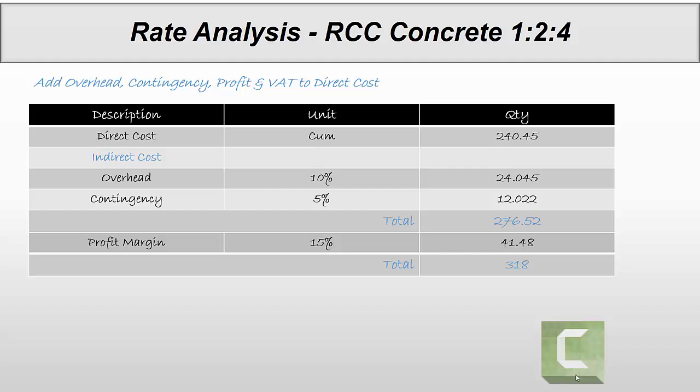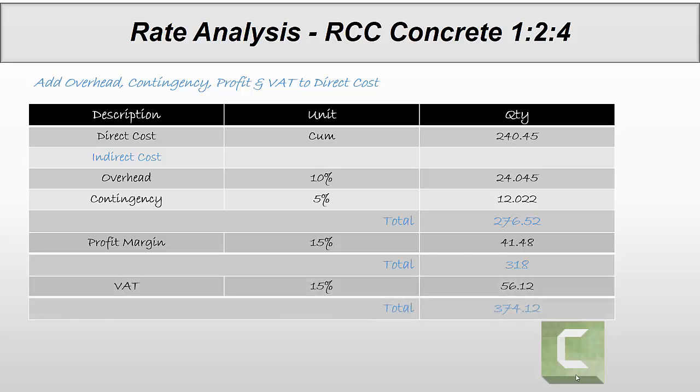On all of these, we need to add value added tax of 15%, which is 56.12. So now total amount after adding all the direct cost, indirect cost, profit margin and taxes, the amount for 1 cubic meter concrete is 374.12 riyals.